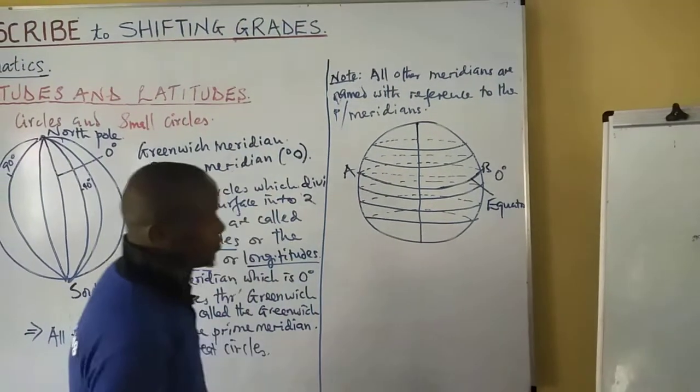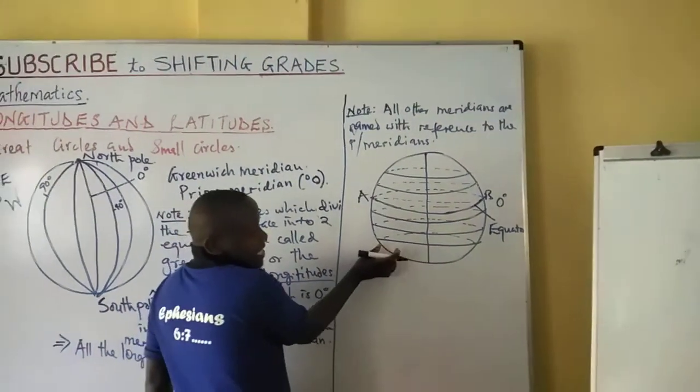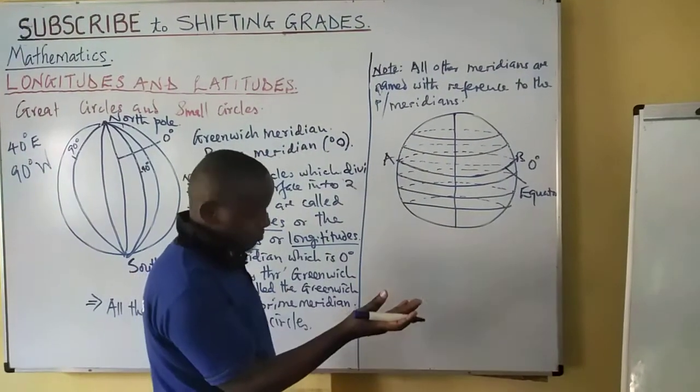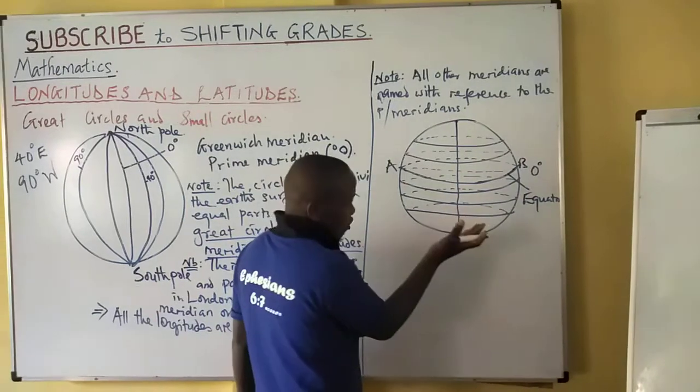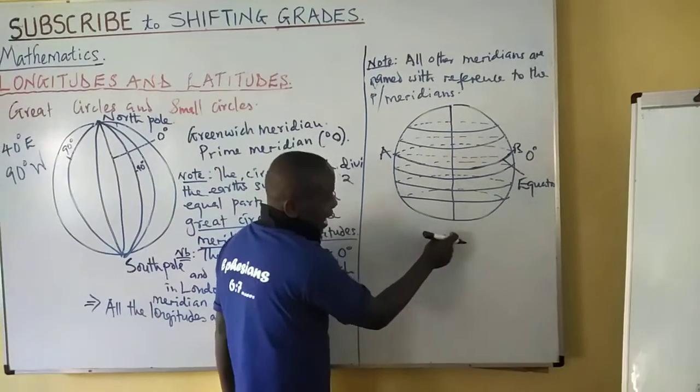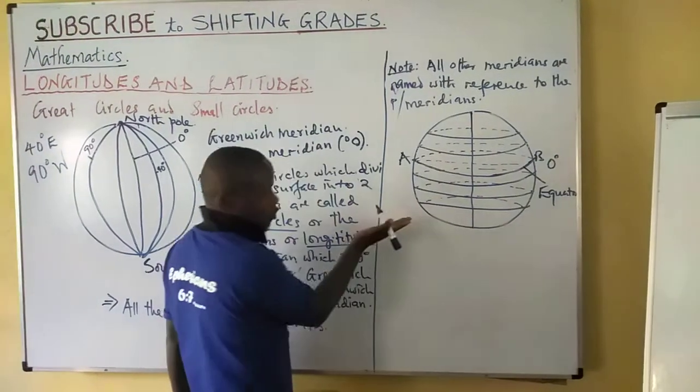Therefore, we say that we have these circles whereby their plane is perpendicular to the Earth's axis. The Earth's axis is going downwards and their plane is cutting across.